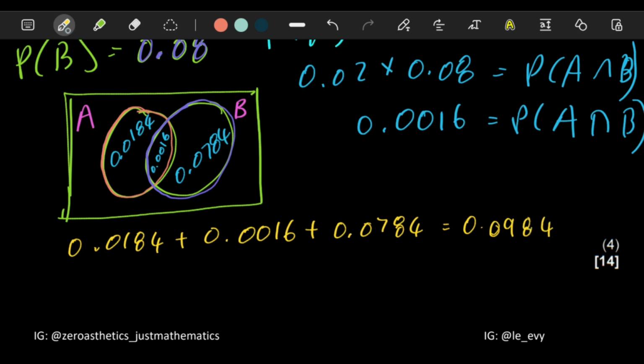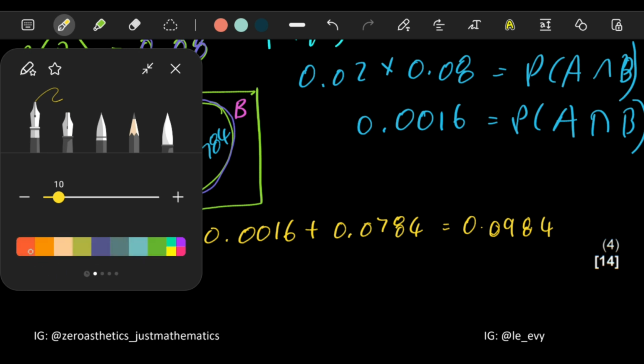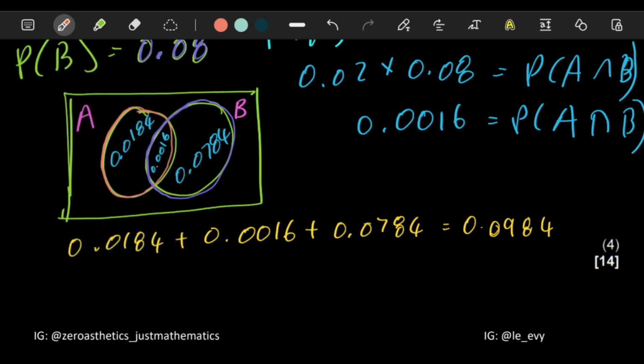This is the probability of winning at least one of them, because the probability of winning at least one of them means the probability of winning either this one alone or this one alone, or winning both of them. That's the probability of winning at least one.